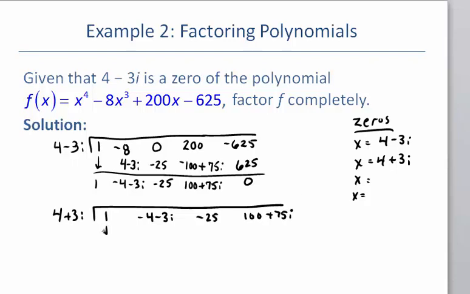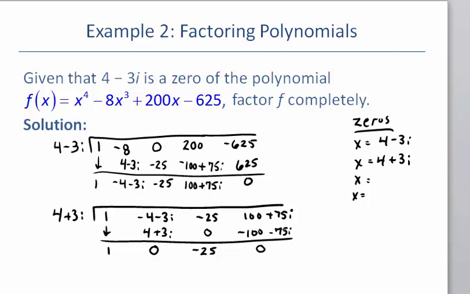All right, so we'll drop our 1 and we'll multiply. So 4 plus 3i. Notice here you're going to have 0 coming out of that. 4 plus 3i times 0 is 0. We'll drop down the negative 25 when we add. All right, and then we'll multiply one more time. Distributing that negative 25 is going to give me negative 100 minus 75i. And when we add these two together, we're going to get 0.